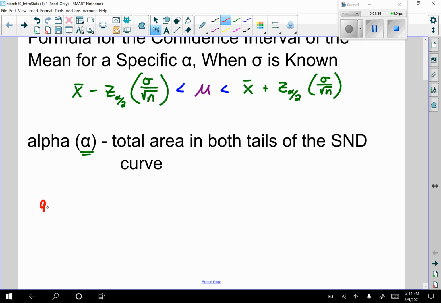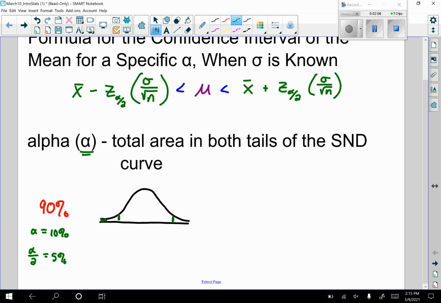So let's start with 90%. If we make a sketch of our standard normal distribution and we block off the tails, we want 90% to be in between. So we have this tail here and this tail here, which means 90% is between these two values. Alpha would be 10%, but then alpha over 2 is going to be 5%.